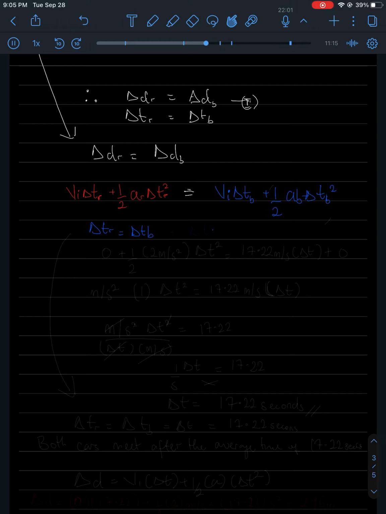I'm going to make that a lot neater because we're talking about change in time. We can equate both of them to just delta t. And if we do that and we plug in the values for initial velocity and acceleration for both cars from our table here, we're going to have this as a final equation.